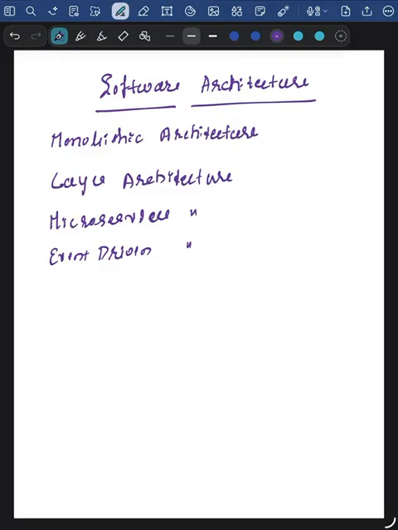Okay. For event-driven, a simple example is deployment. You schedule a deployment at this time. There is an event triggered at this particular time. This is event-driven. At this point, this happens.